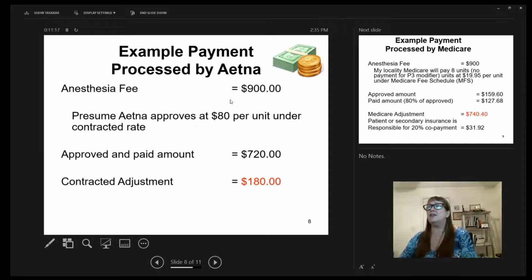We're just going to call this nice and flat, and Aetna approved and paid $80 per unit, or $720. Your billing department will be adjusting off the $180. That's the difference between these two, and the patient doesn't owe anything. Of course, that would change if there were copays, deductibles, etc. But we're just doing this for ease, simplicity of learning.